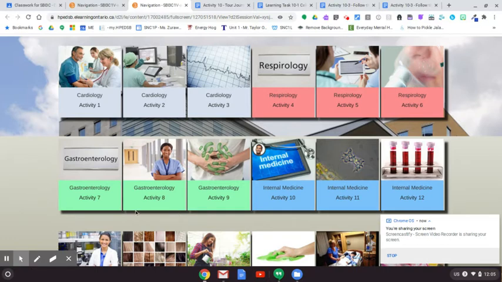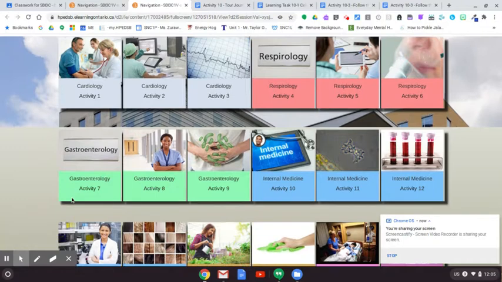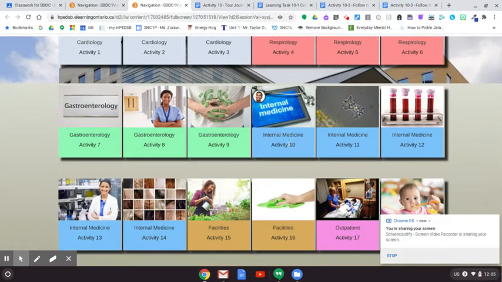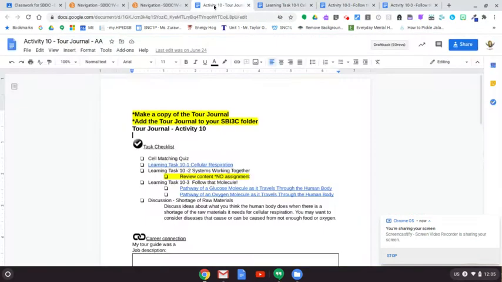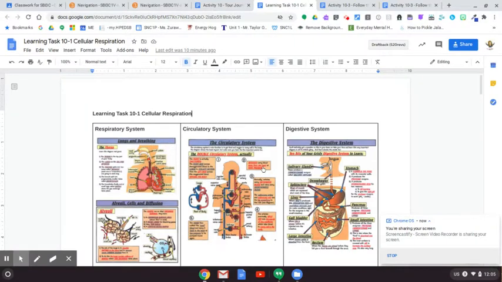And then 7 to 9, we were talking about the digestive system. So what activity 10 does is it looks at all the systems together, and the overall of how they function within cellular respiration, I guess.